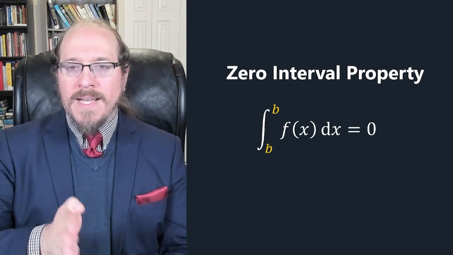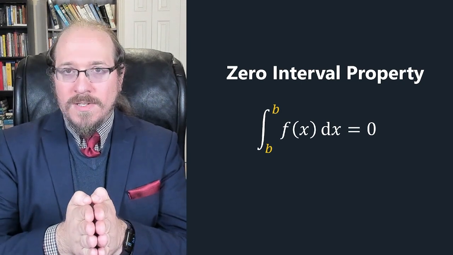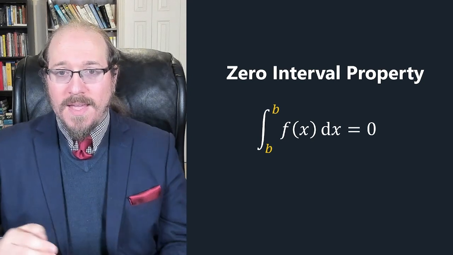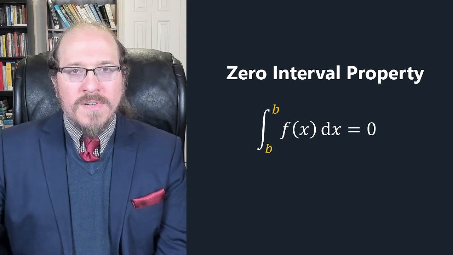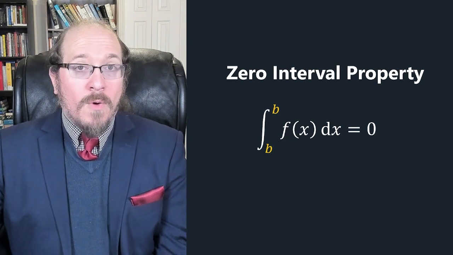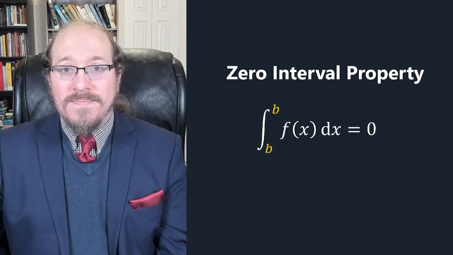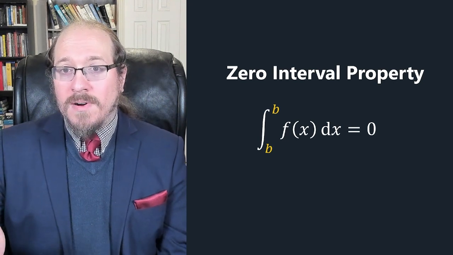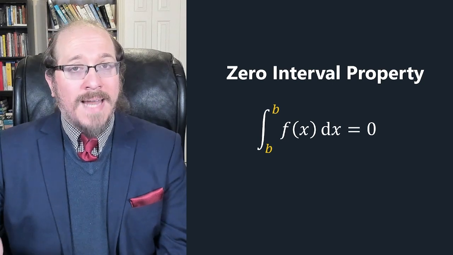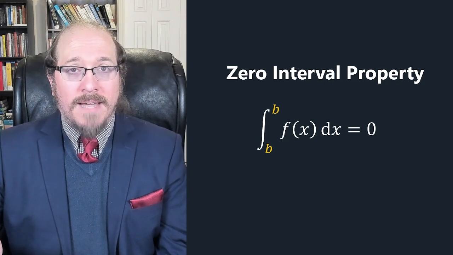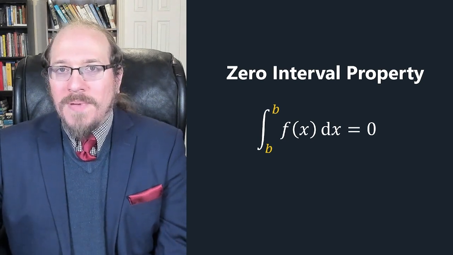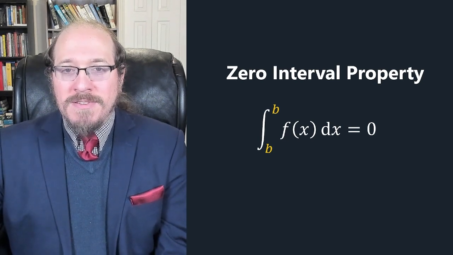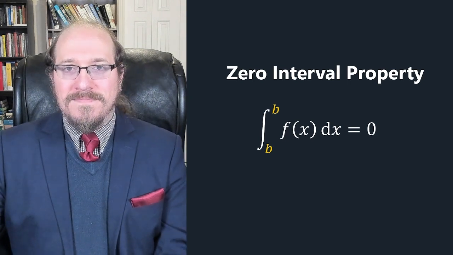If the endpoints of our interval are the same, then the integral has to be 0. And if you think about it, that makes a lot of sense. If there's no interval to integrate over, then we won't manage to accumulate any area. Put back in the context of our business example, if we generate, say, a report where the start and end time are exactly the same, such as Friday the 7th at 11 a.m., then there won't be any profits in the report because there's no time for them to happen in.